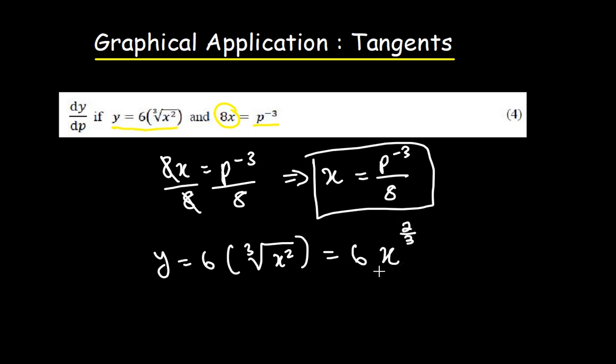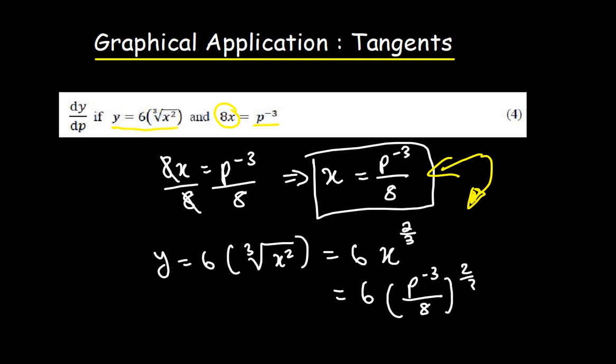So we substitute that x into the equation. We have 6 into, where we see x, we put p to the power negative 3 all over 8, and then all raised to 2 over 3.